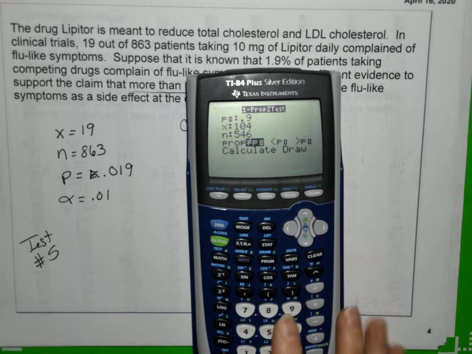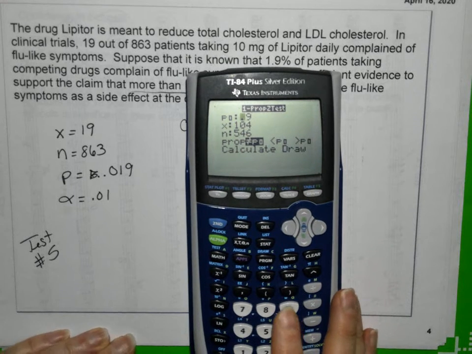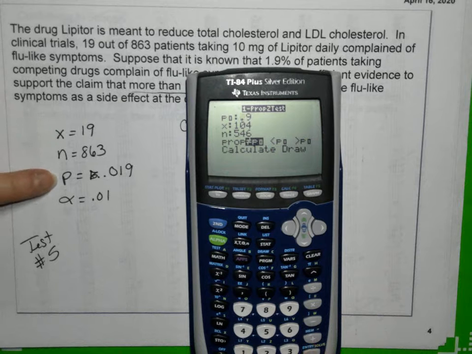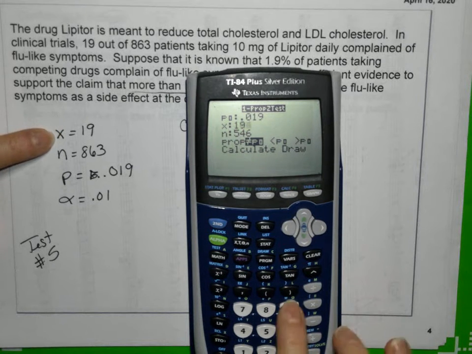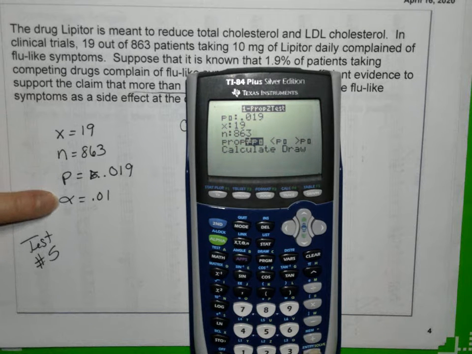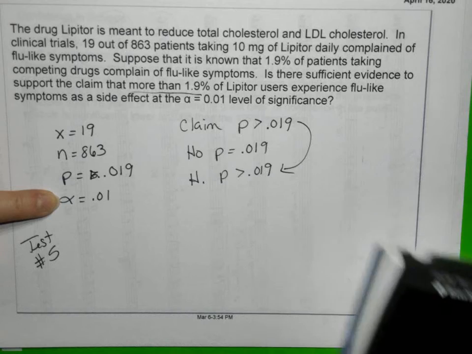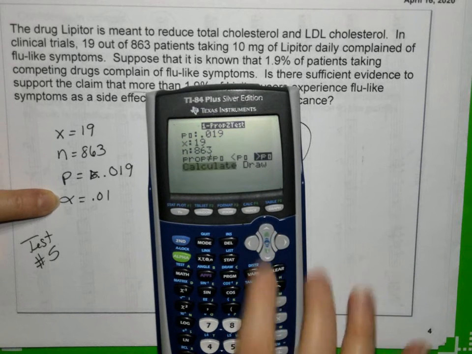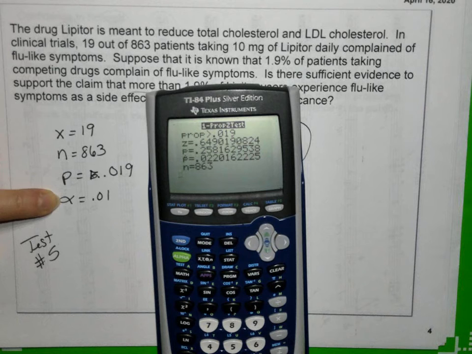And we enter the information that we have. We know that p is 0.019. We know X is 19. We know n is 863. We want a right-tailed test, so make sure it's pointing to the right, and we're going to calculate.